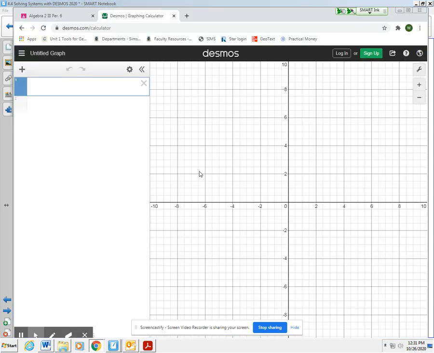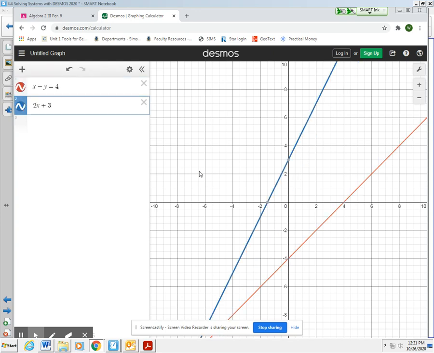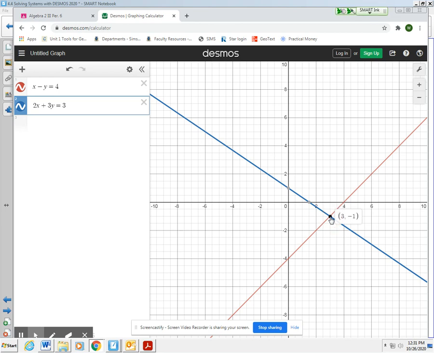So the first equation is x minus y is equal to 4. And the second equation is 2x plus 3y is equal to 3. Okay? So it looks like the intersection is 3, -1.